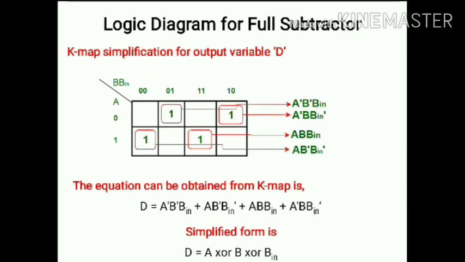So therefore, the K-map simplification for the output variable D is equal to A bar B in bar plus A B bar B in bar plus A B in plus A bar B in. After simplifying this equation, we can generate A exclusive OR B exclusive OR B in.